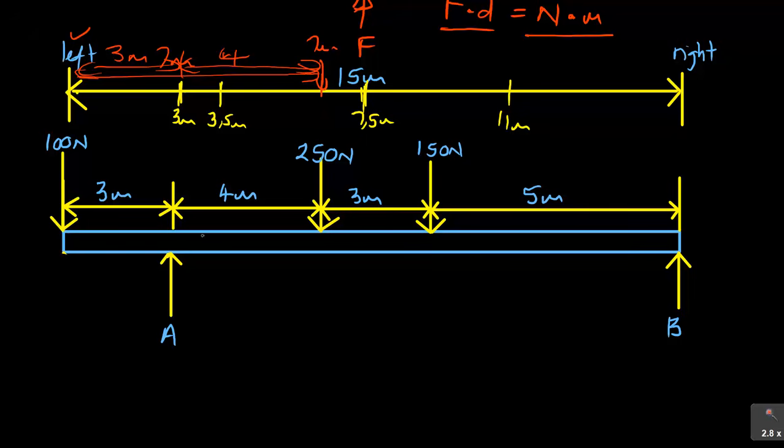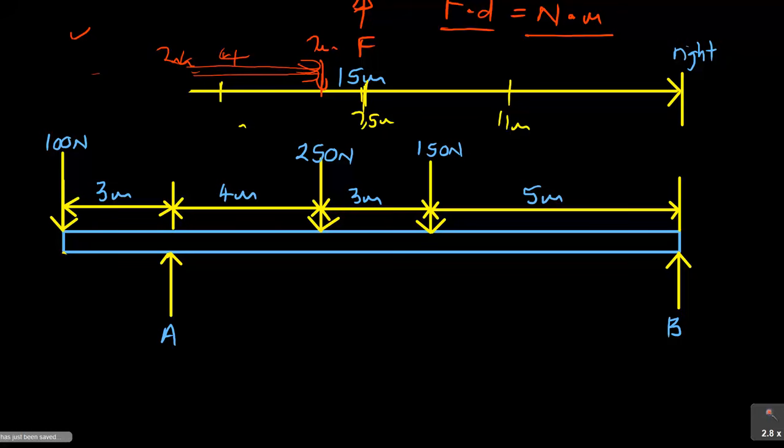So this is 5 meters, and 5 meters plus 3 meters is 8 meters. 8 plus 4 is 12. 12 plus 3 is 15. So this is what they mean when they say this is a 15 meter beam divided into that. So you can now take that off.